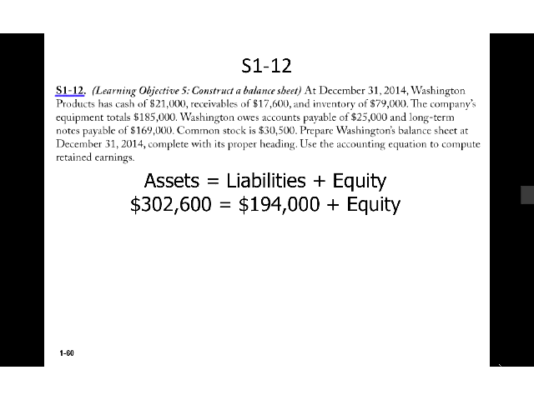Now we have to solve for equity. This is just like the accounting equation problems we started with. So equity is 108,600. I got that by taking my assets of 302,600 and subtracting liabilities of 194,000. So I get total equity of 108,600.